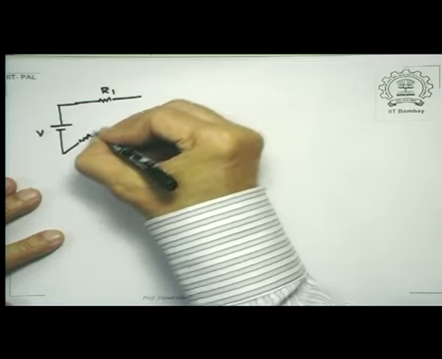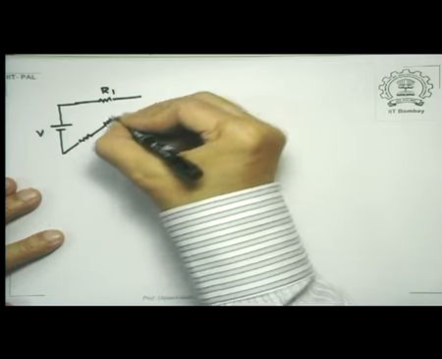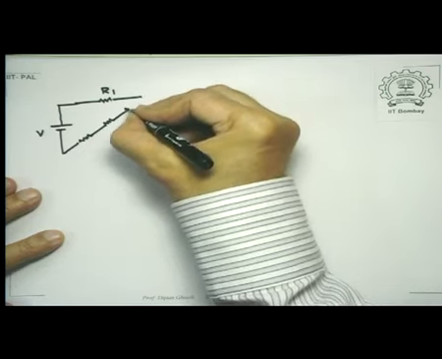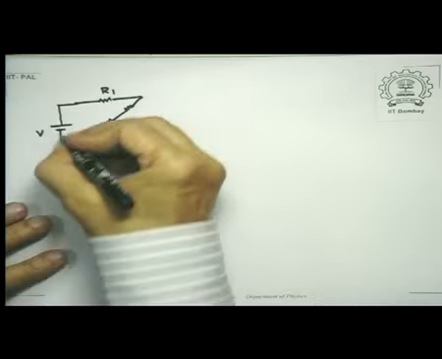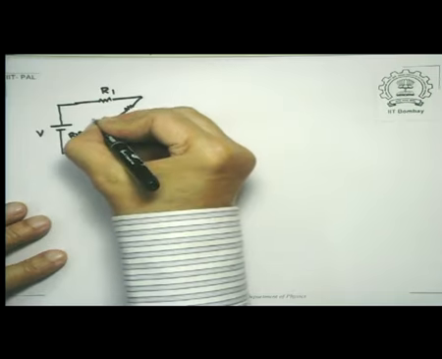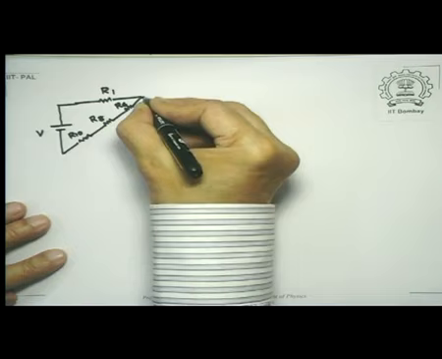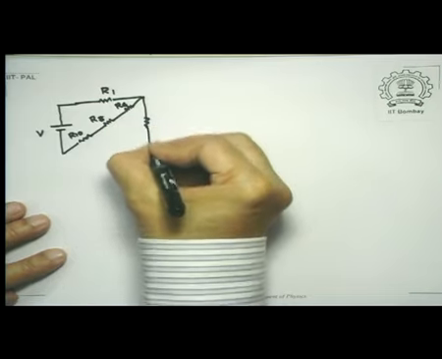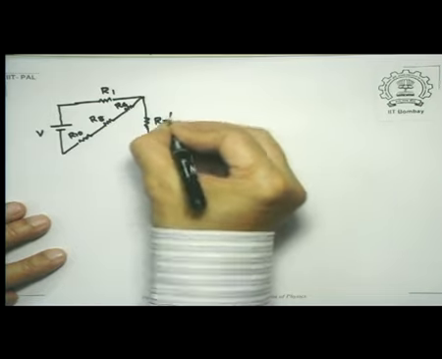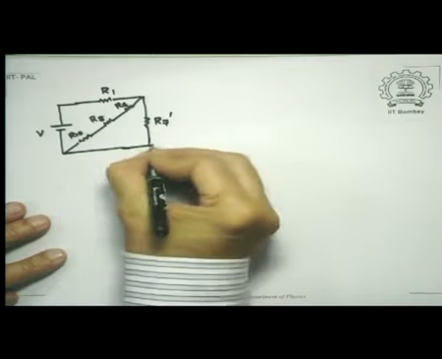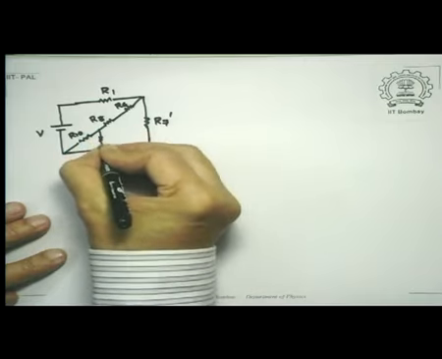This we called R10. This was an R8 and an R6. So this is R10, R8, this is R6, and this we had called R7 prime. And there was a R9 hanging in here.